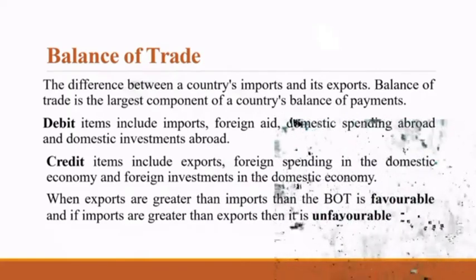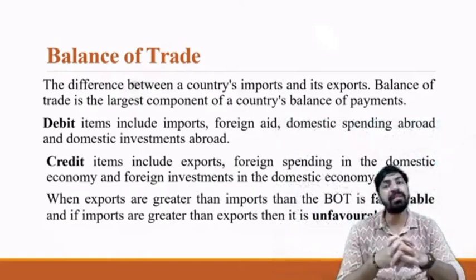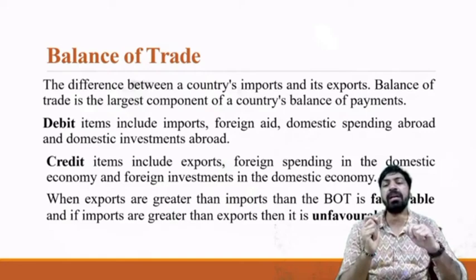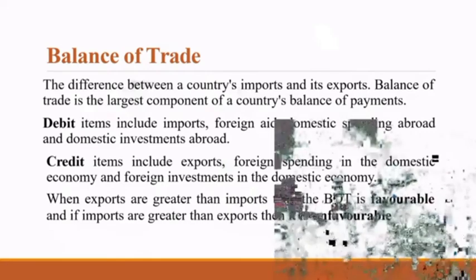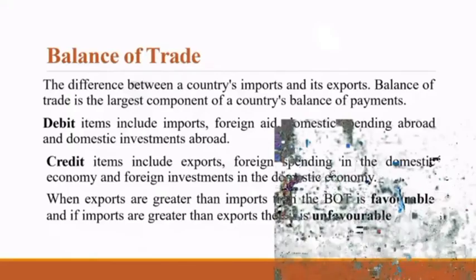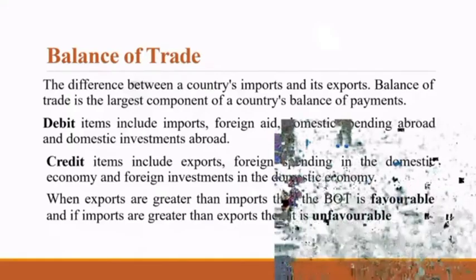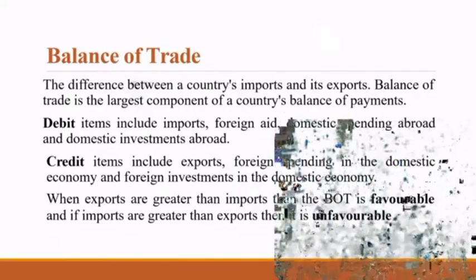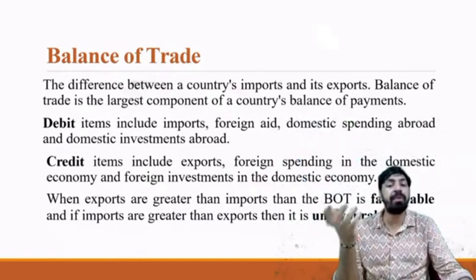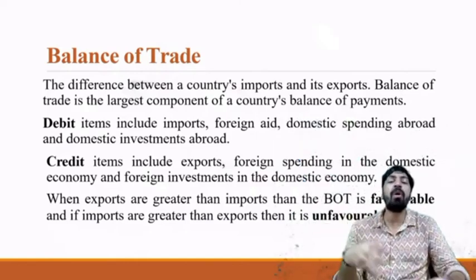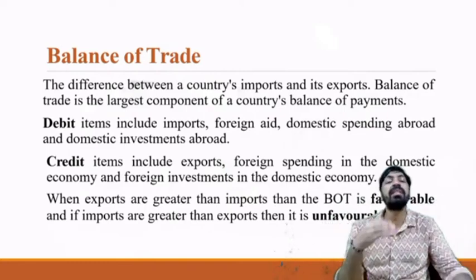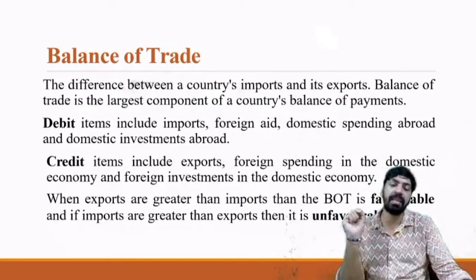So the debit side of items includes imports, foreign transactions, domestic spending abroad, or domestic investment abroad. So whatever you are spending abroad, any domestic investments abroad, any foreign services you provide, all of that comes to the debit side.